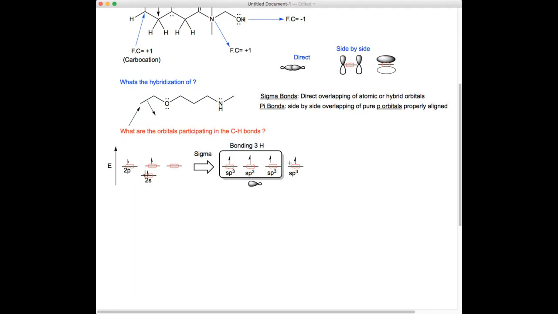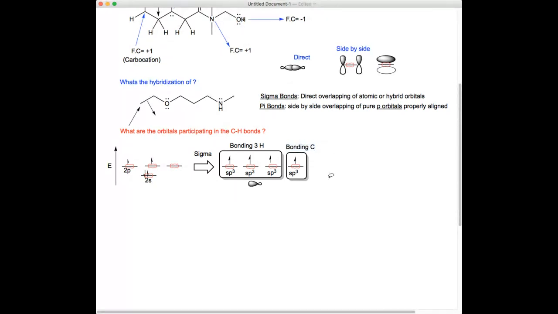And the 4th hybrid orbital, this carbon is going to use it to bond to the carbon atom. Because again, how many bonds do we have in any carbon? 4 bonds.